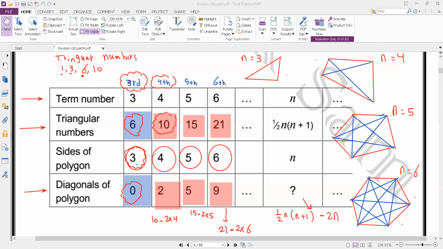It's a quadrilateral, so n equals 4, 4 sides. What is the number of diagonals? 2. So I want to get a relation between them. As you see here, the diagonals, 2, equals 10 minus 2 times 4. It's 10, the triangular number, minus 2 times 4, okay?